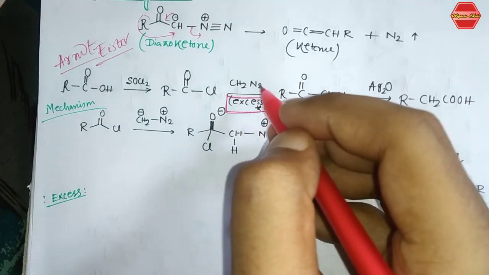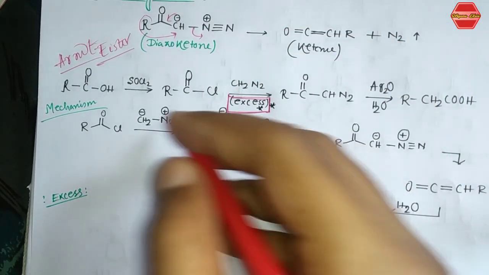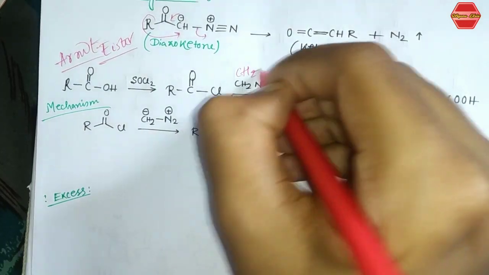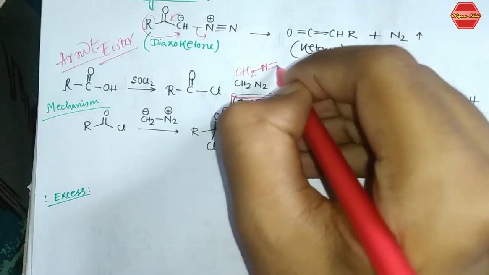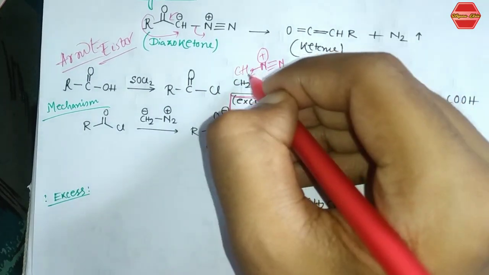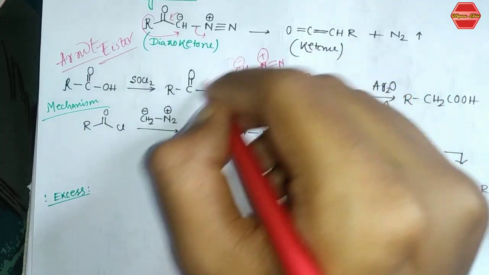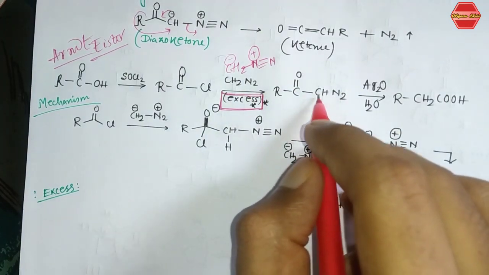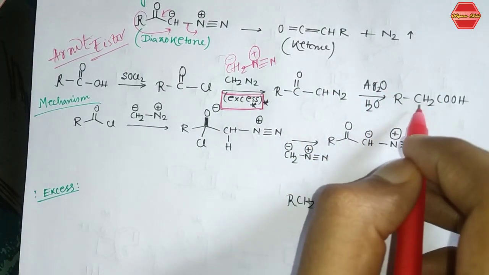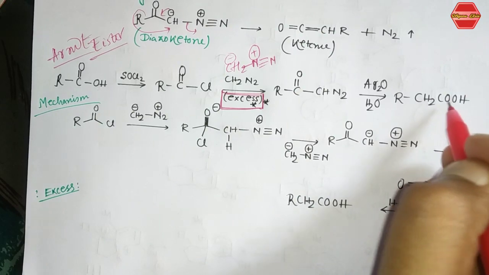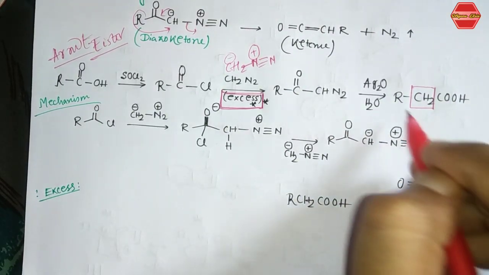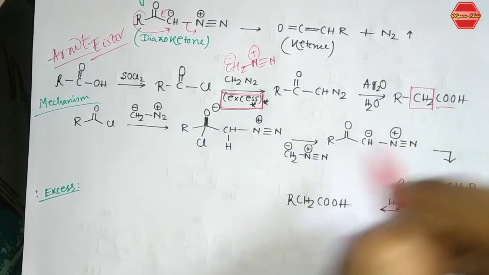Why this excess is needed, I will also show you later. First, we can write CH2N2 in this way, N triple bond N plus, and this is negative, and it will attack. I will also show you in the mechanism step, right? From that you get this intermediate, and after Ag2O and water you get RCH2COOH. Now you can see that here is one carbon extra in between the R group and the COOH group, right?